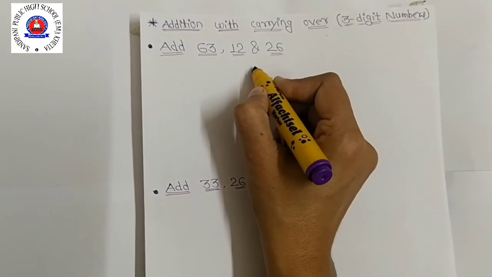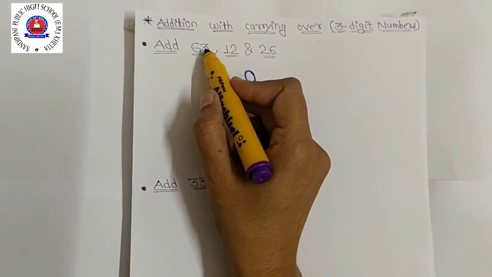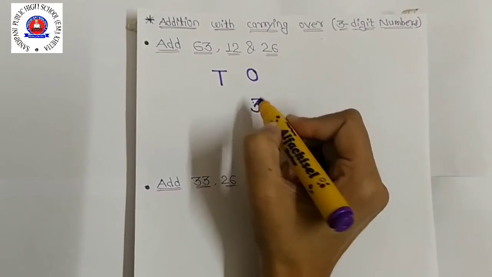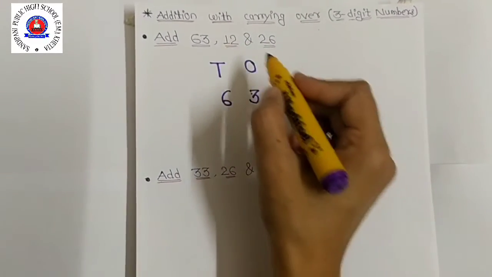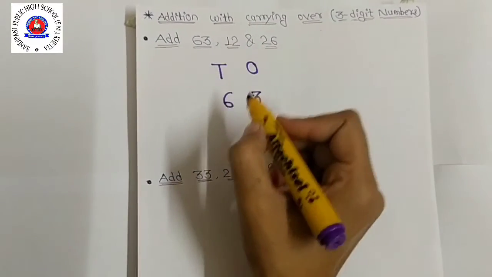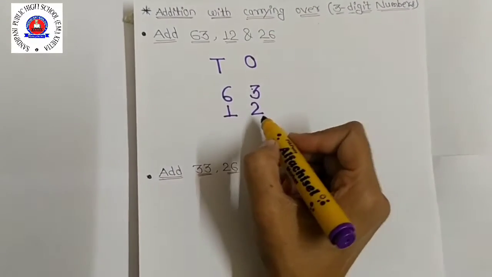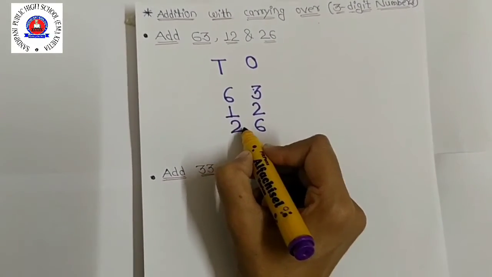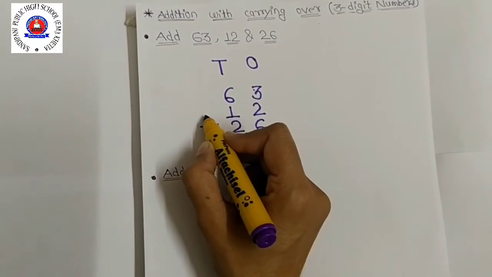So first write ones and tens. In 63, 3 is written in the ones column, 6 in the tens column. In 12, 2 is written in the ones column, 1 in the tens column, and in 26, 6 is written in the ones column and 2 in the tens column. Draw the line. Put the plus sign.